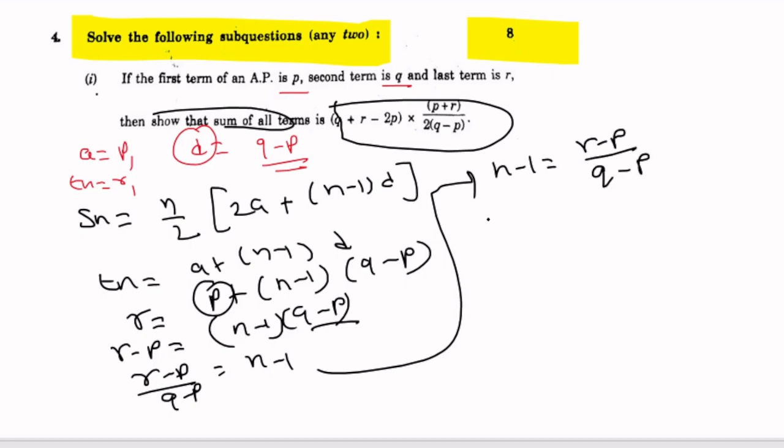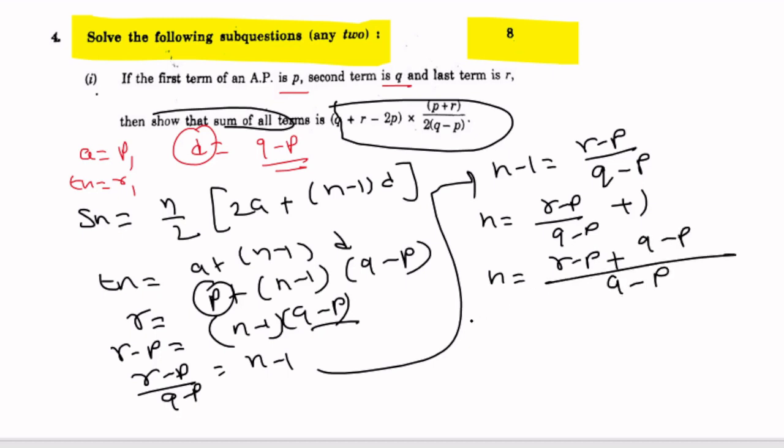Now I can take 1 to the right hand side, so (r minus p) divided by (q minus p) plus 1. Now we can do cross multiplication, so (r minus p plus q minus p) divided by (q minus p). So n is equal to (r minus 2p plus q) divided by (q minus p).